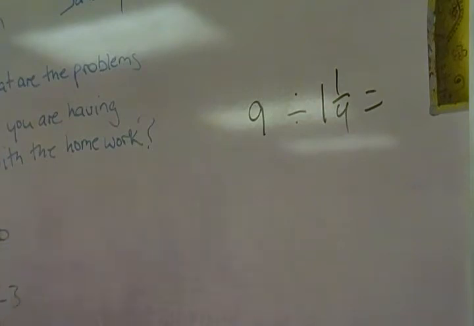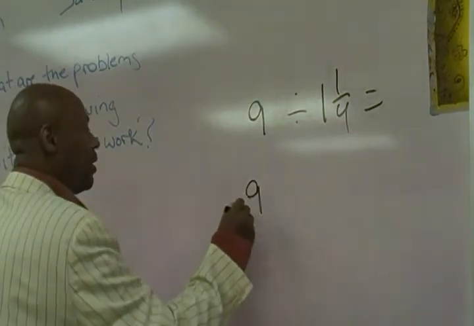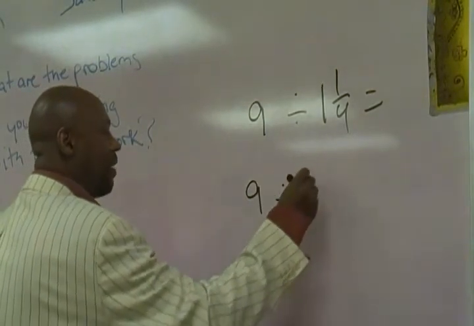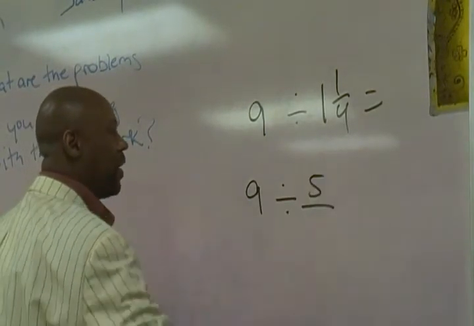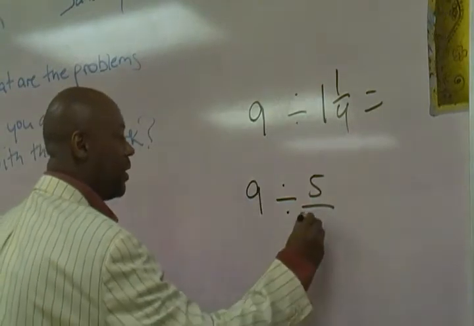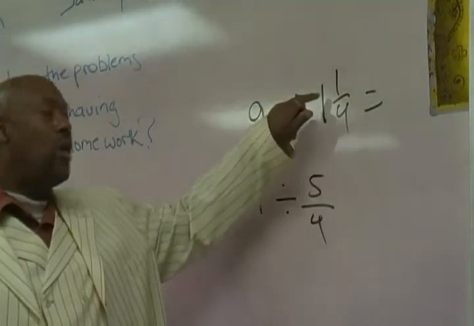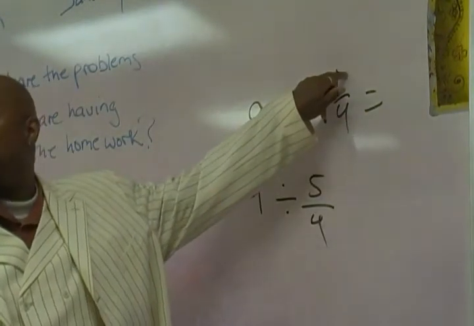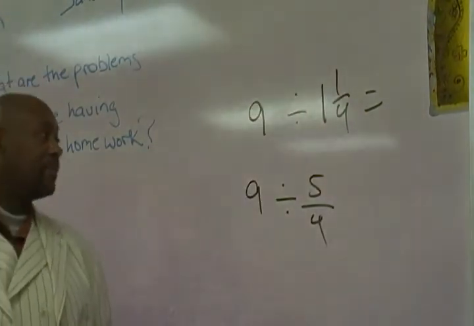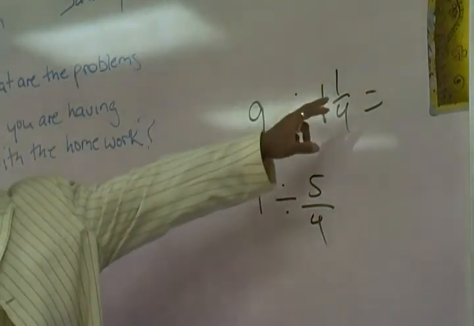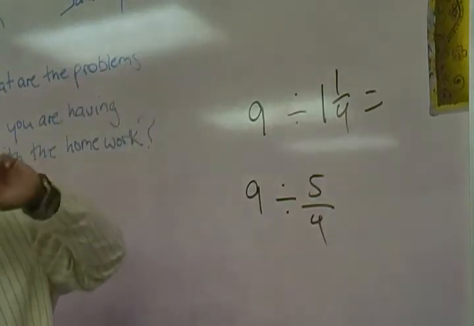So we got 9 divided by 5/4. What we did was 4 times 1 is 4, and then you got the 1 remainder, so we adding that. Because really, that's 4/4 plus 1/4, which gives us that 5/4.